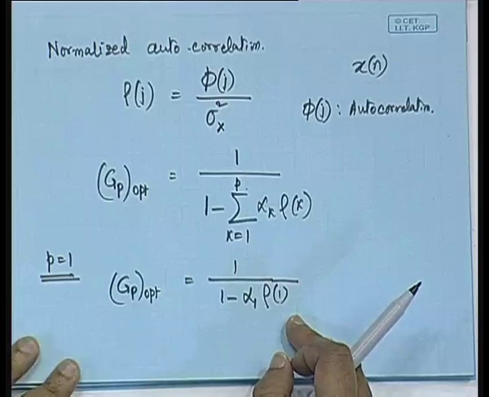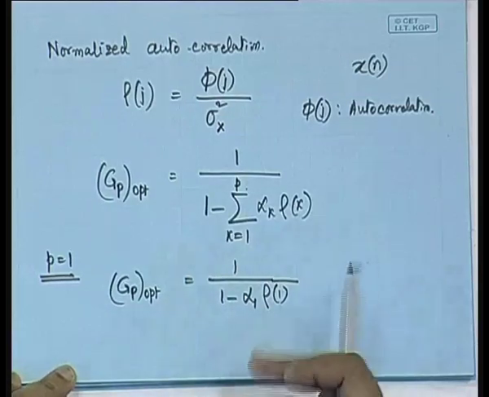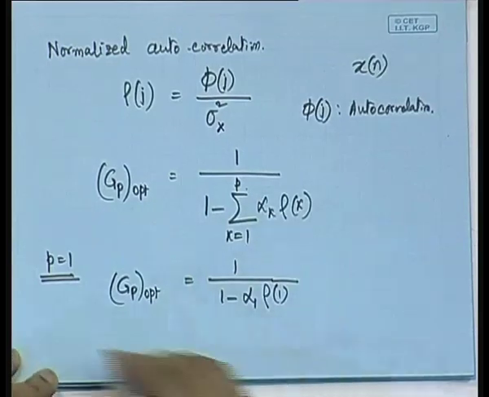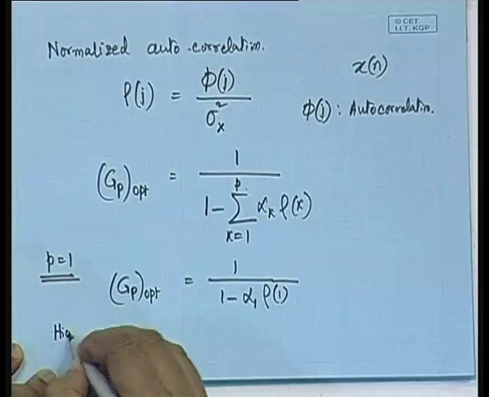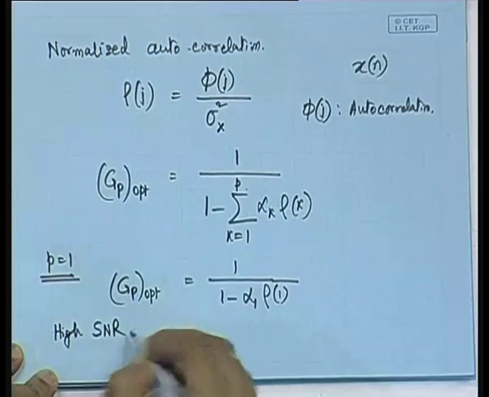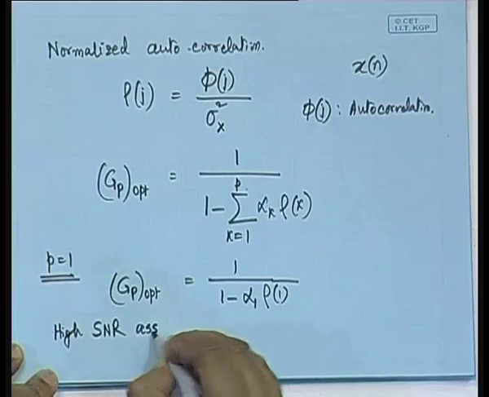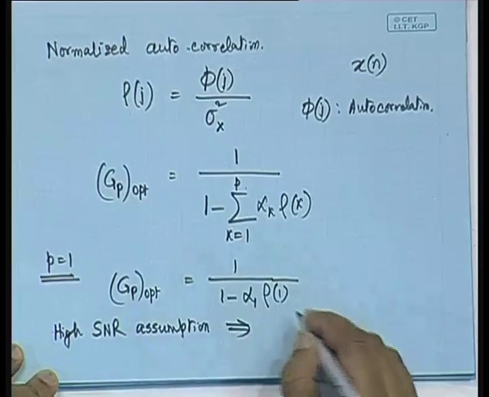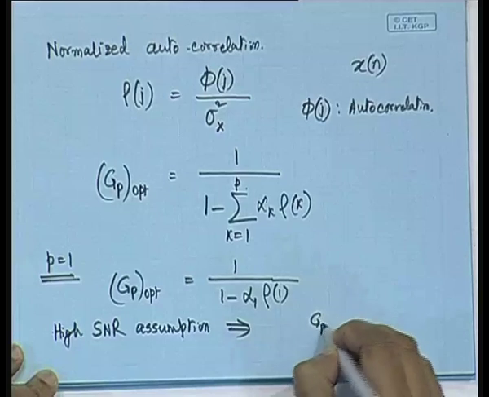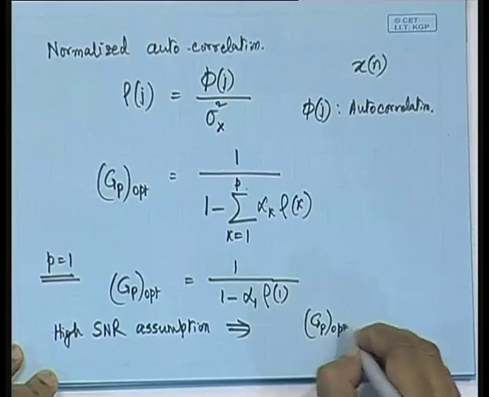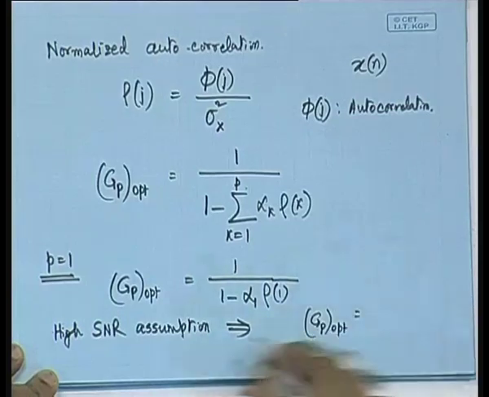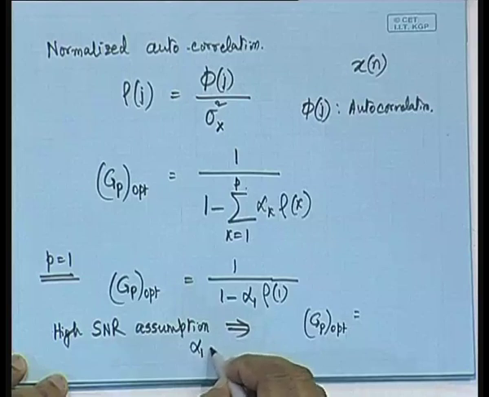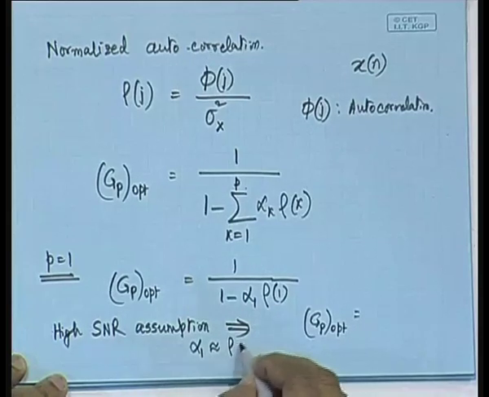Now, it can be shown that under high SNR assumptions, one can mathematically obtain an approximated expression: alpha 1 is approximately equal to rho of 1.